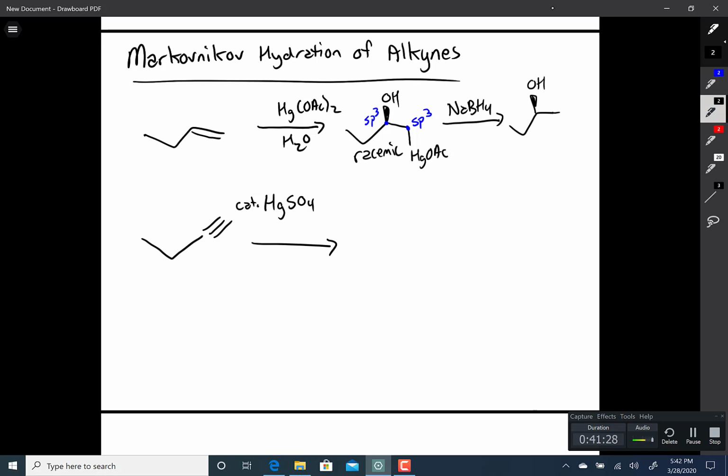In the case of alkynes, you don't need that much mercury. What you do need is some acid and some water. And it's a single synthetic step, and that gives the ketone.